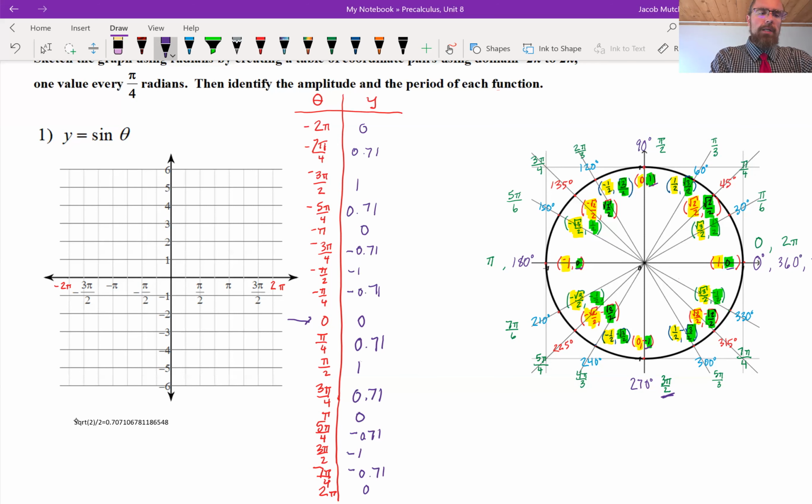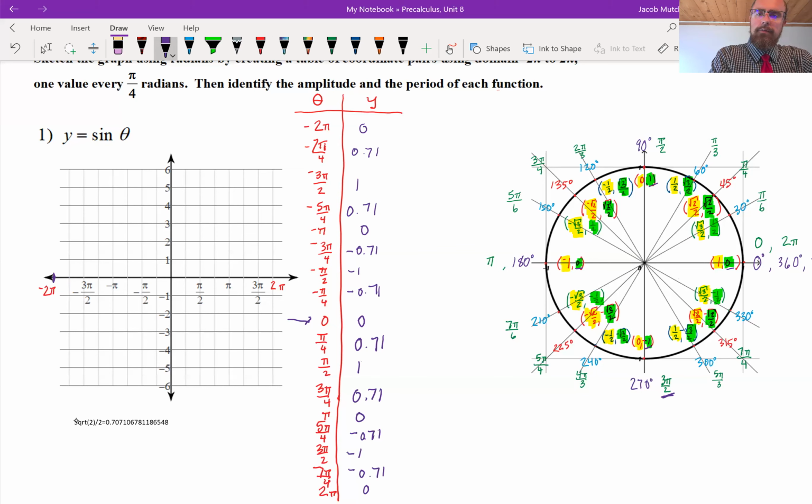So negative 2 pi is 0. And then at negative 3 pi over 2, I see that I don't have everything marked here. So in fact, negative 2 pi is one further to the left. So I'll mark that and kind of transfer that measurement over. So negative 2 pi is going to be there. Okay, so we're set now.